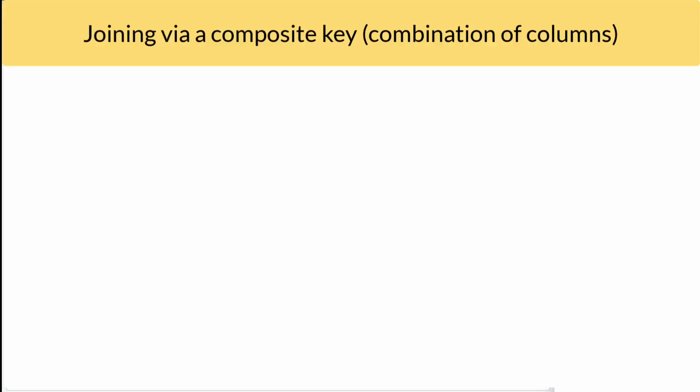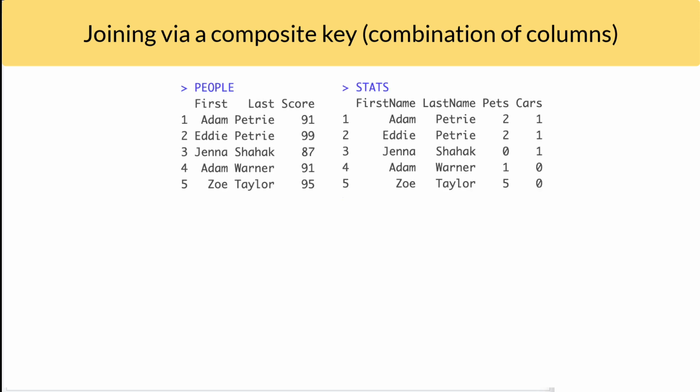Now, finally, it might be the case that to match up rows, you have to match up values across two or more columns. That might be the case when the data frame doesn't actually have a primary key, but two columns need to be combined in order to uniquely identify the rows. Let's illustrate how we're going to use this composite key of two different columns by defining two small data frames, one called people and one called stats.